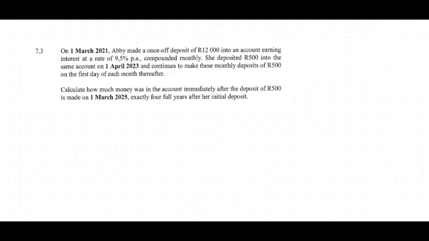She deposited R500 into the same account on 1st April 2023 and continues to make these monthly deposits of R500 on the first day of each month thereafter. Now calculate how much money was in the account immediately after the deposit of R500 is made on 1 March 2025, exactly 4 full years after her initial deposit.